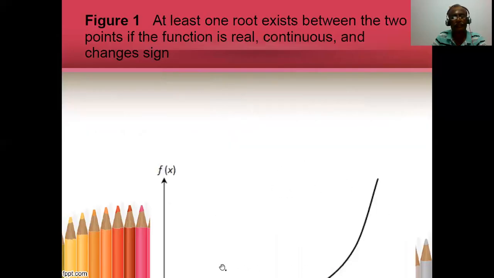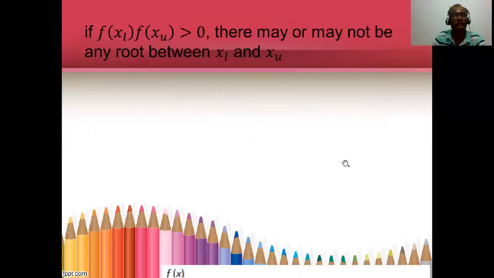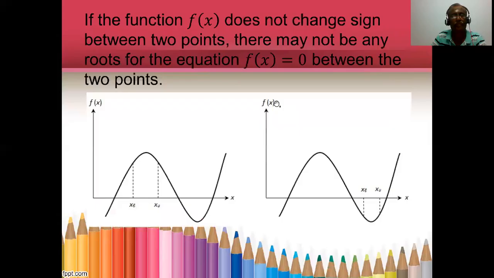So if we draw the curve like this, where it crosses the x-axis is called the root of the equation. It means if f of xl into f of xu is greater than 0, then there may or may not be a root between xl and xu. But if it is negative, then there is at least one root between xl and xu.